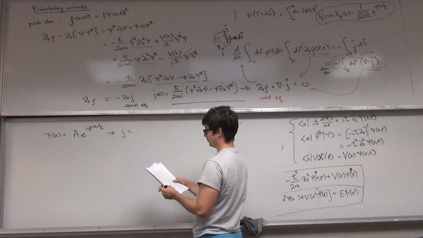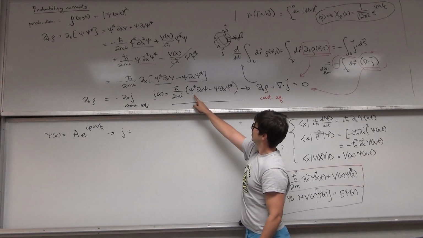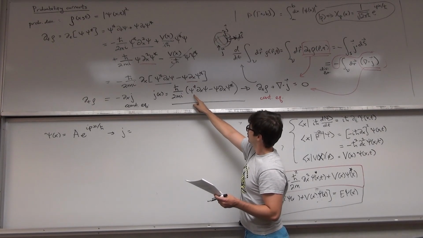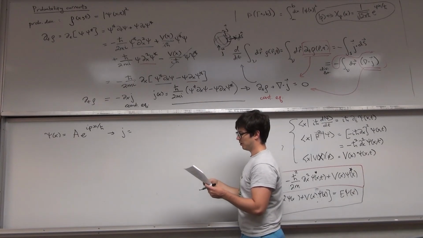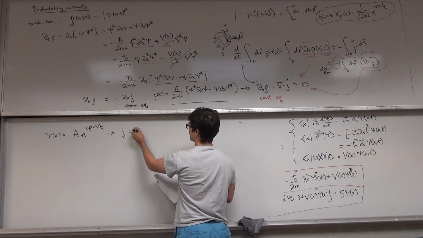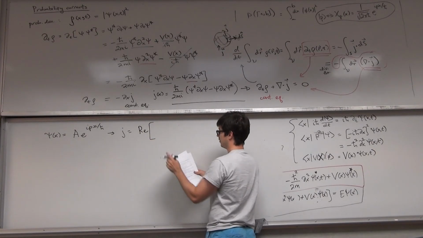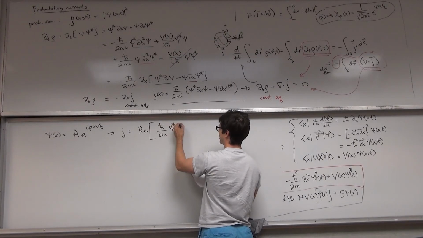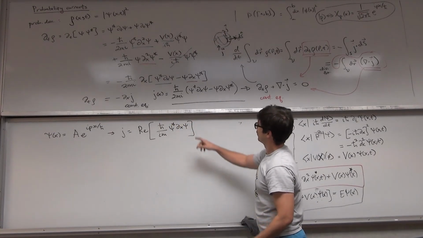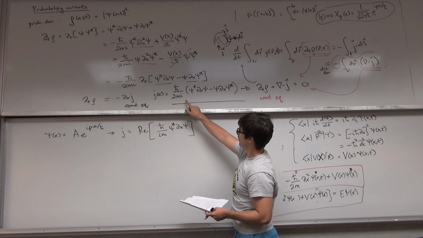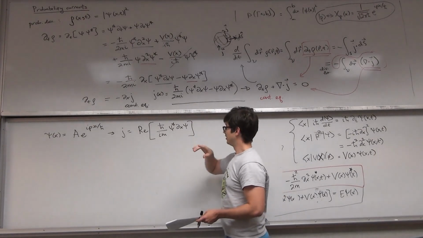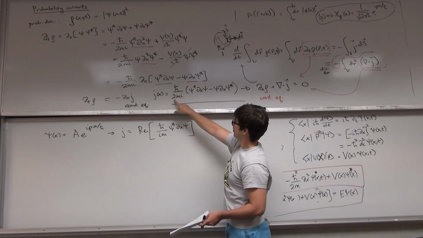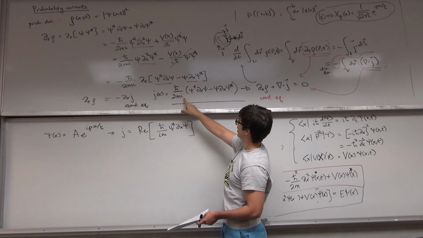J has to be, incidentally, look at this, you can rewrite this as the real part of h bar over i m, psi star dx psi. That's convenient because the real part is 1/2 times the number plus its complex conjugate. So this is the half, this is the number, h bar over m i, this guy.